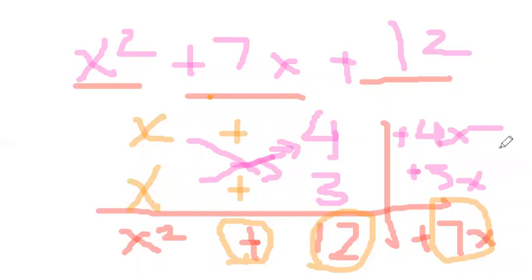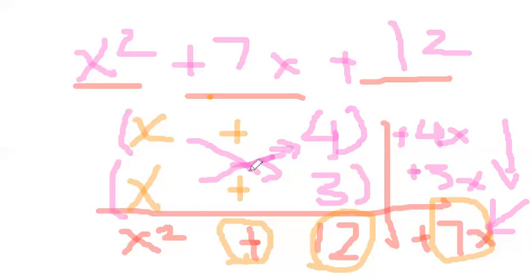Now the sum of this and this should be this. If that's true, then we have got the answer. And yes, that's true. 4x plus 3x is 7x. So the answer is x plus 4 times x plus 3, and we have factorized the equation.